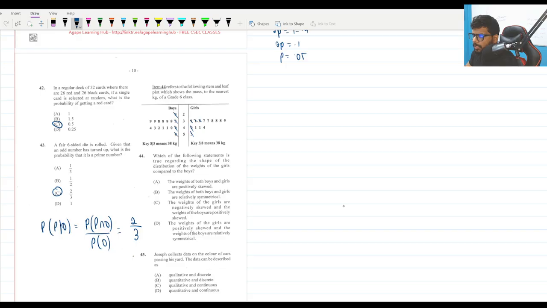Then 36 with another 40. 37 with a 41. 37 with a 41. 38 with a 41. 38 with a 41. 38 with a 42. We still have 38s with 43. Then 38 with 44. 38 with our next 44. 38 with a 39. So I'm left with 39s as my two values for my median. So Q2 is going to be 39.